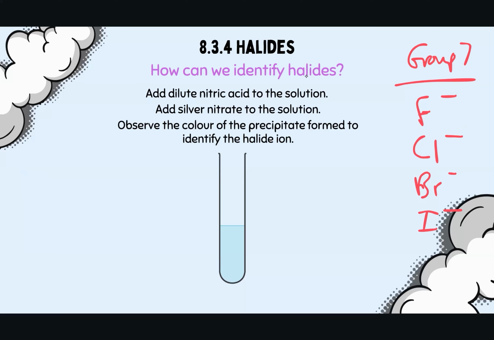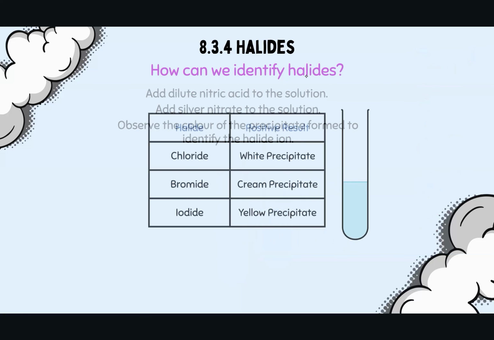So the first thing we're adding is HNO3. Then we're adding silver nitrate. And then you observe the color of the precipitate formed to identify the halide ion.